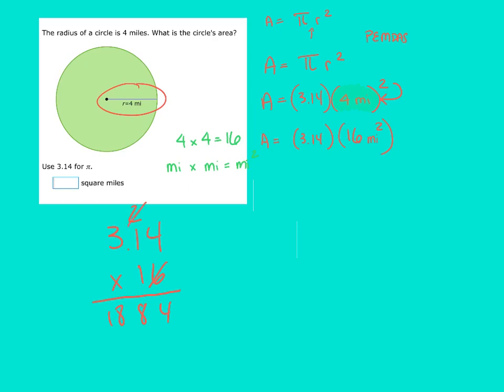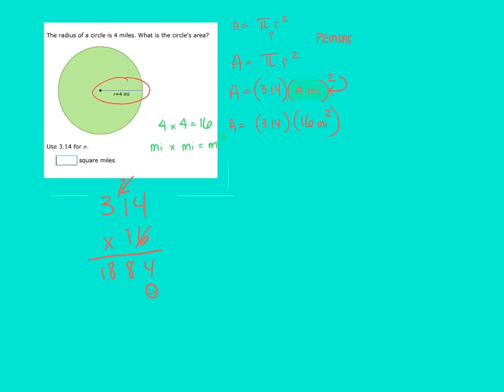That's done. 4, 1, 3. 4, 12, carry the 1, 10, carry the 1, 4, 5. Now I went really fast there, I know, but I think it's 50.24 miles to the second power. Remember that miles to the second power is still there.